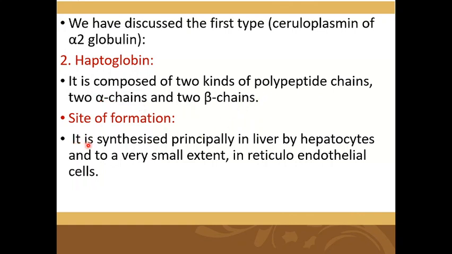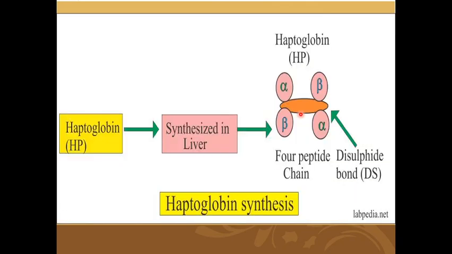It is synthesized in the liver by the hepatocytes, and to a very small extent in the reticuloendothelial cells. Here you can see the two alpha and the two beta chains, connected together by disulfide bonds. This is the structure of haptoglobin.